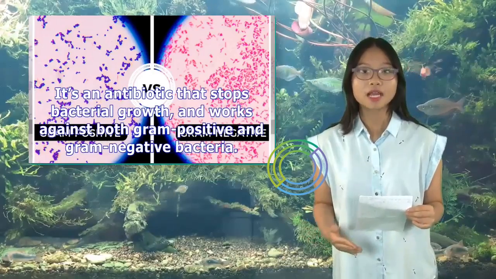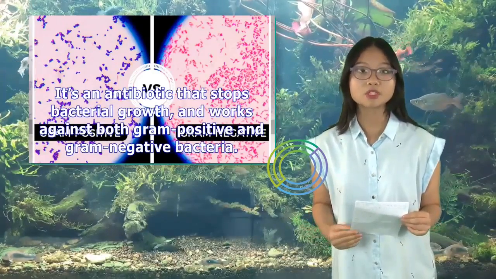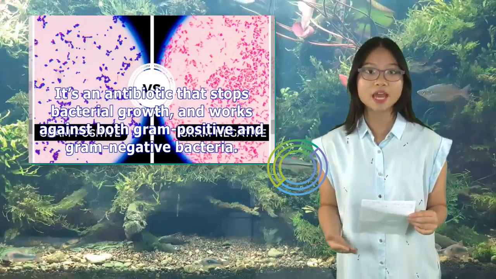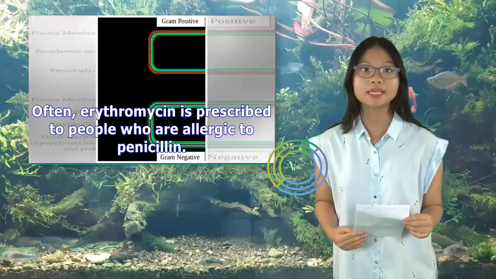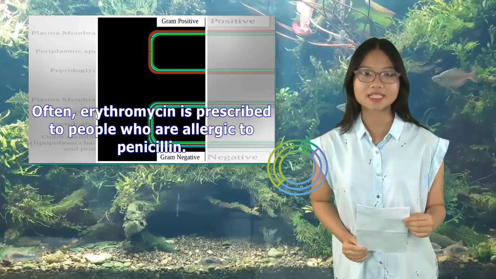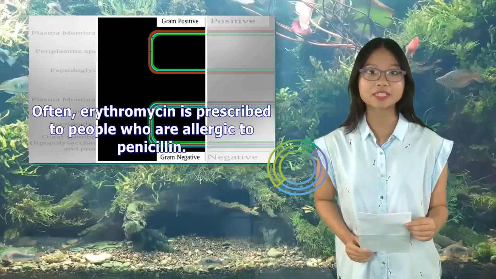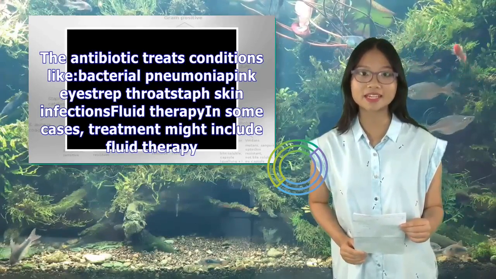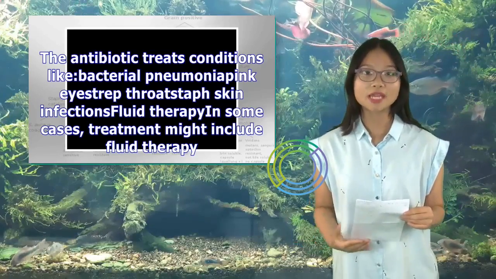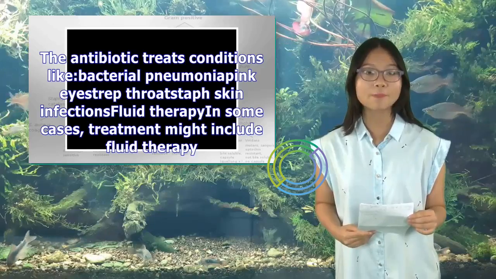It's an antibiotic that stops bacterial growth, and works against both gram-positive and gram-negative bacteria. Often, erythromycin is prescribed to people who are allergic to penicillin. The antibiotic treats conditions like bacterial pneumonia, pink eye, strep throat, staph, and skin infections.